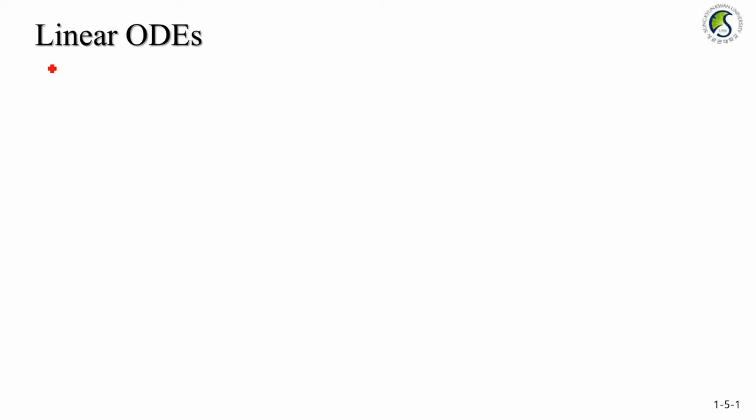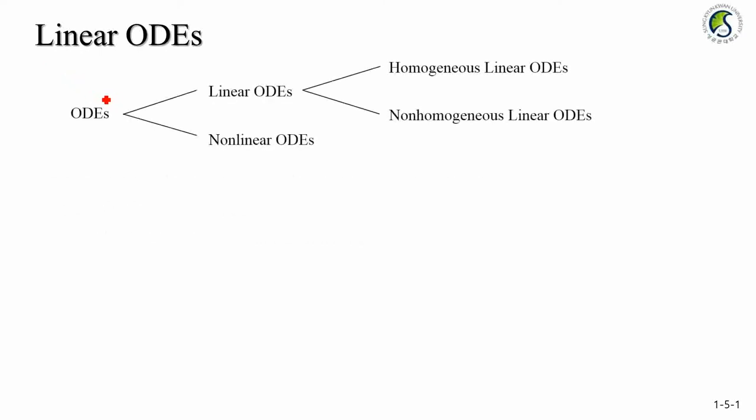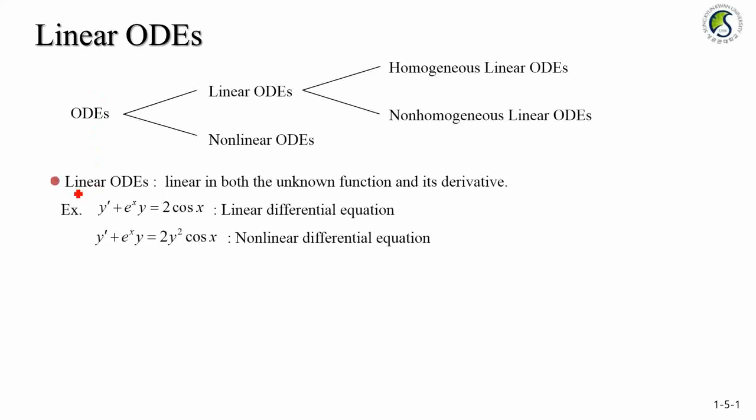Let's learn about linear ODEs, which is another very important type of ODE that we can encounter in many engineering applications. Actually, linear means it's linear in both the unknown function and its derivative.